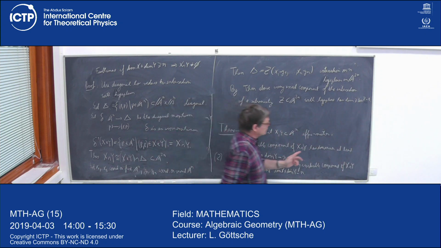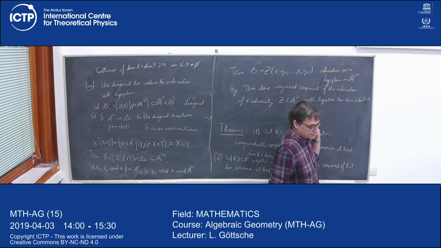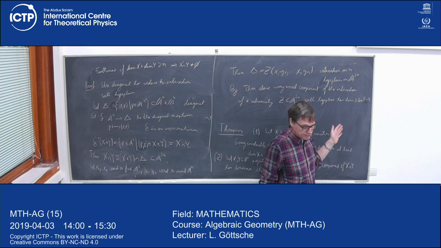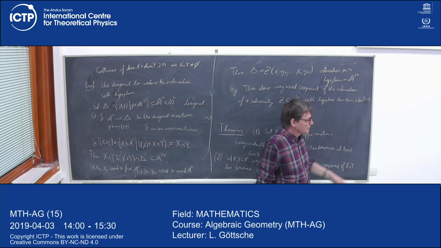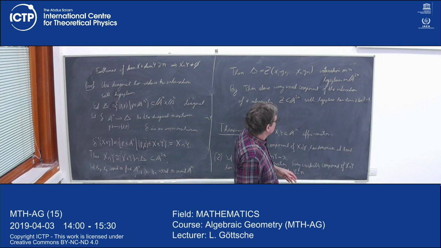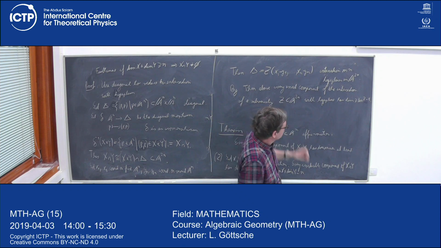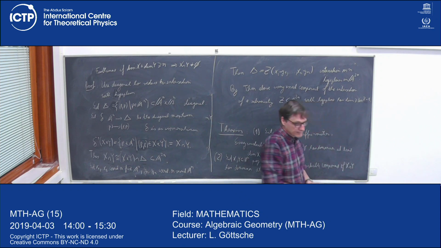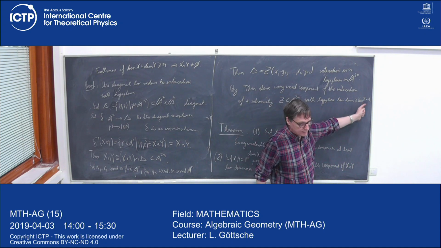Because we had seen that if Z is not contained in the hypersurface, then the dimension is precisely the dimension of Z minus 1. But obviously Z could be contained in the hyperplane, in which case the dimension is just the dimension of Z. So in any case, the dimension can at most go down by 1.